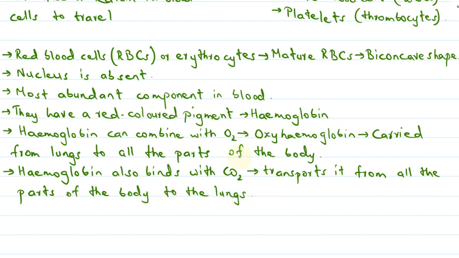Okay, so this red colored iron containing pigment can combine with oxygen as well as carbon dioxide. With oxygen it forms the oxyhemoglobin complex and carries this oxygen from the lungs to all other parts of our body. It can also combine with carbon dioxide and transport it from all other parts of the body to the lungs.